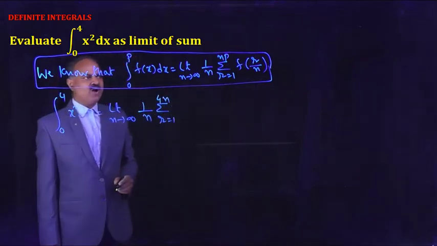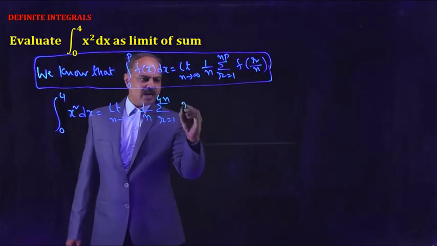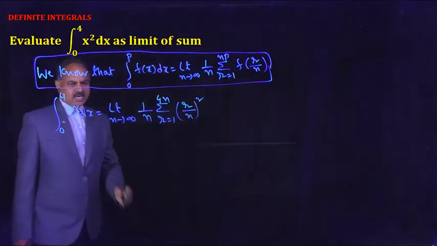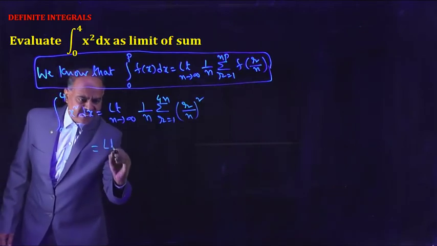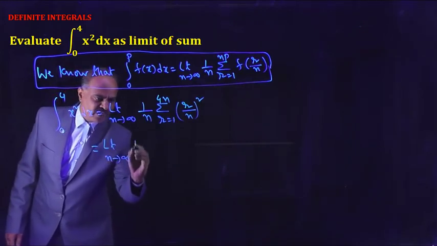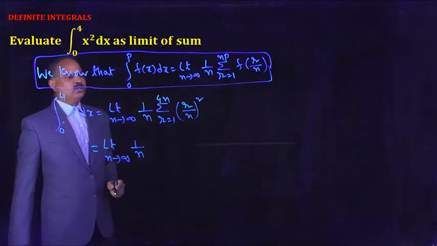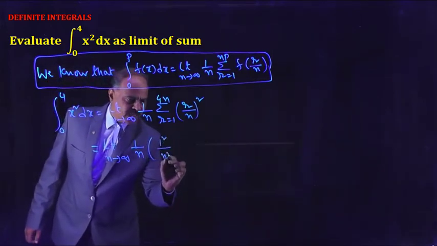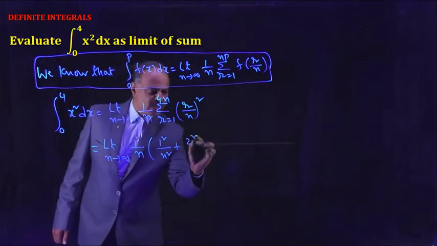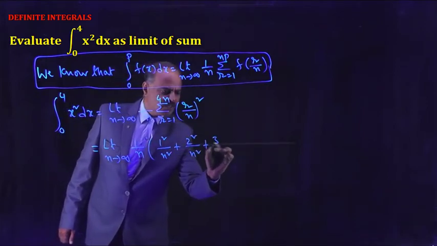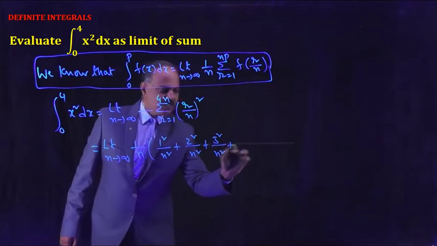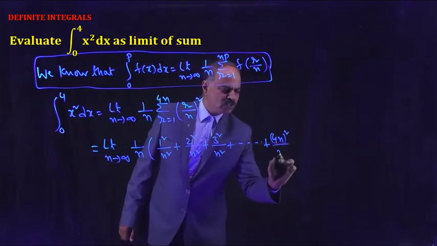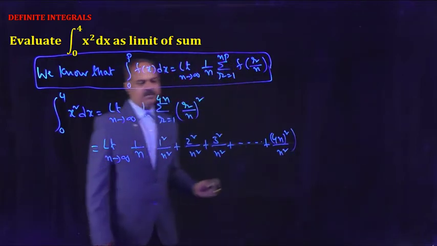So f of r by n is equal to (r by n) whole square. Now this is equal to limit n tends to infinity 1 by n into, put r equal to 1, so this is 1 square by n square. Put r equal to 2, 2 square by n square. r equal to 3, 3 square by n square, plus and so on plus (4n) whole square by n square.